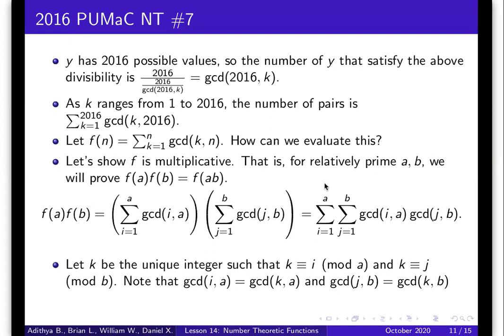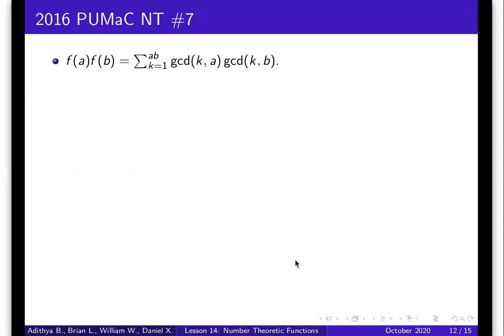And now, instead of summing over i and j, since we have translated this into a unique integer k, we can just write this as a single sum over k. And this would go from 1 to ab. So if we do this, we get this sum from 1 to ab of GCD of k and a times GCD of k and b.